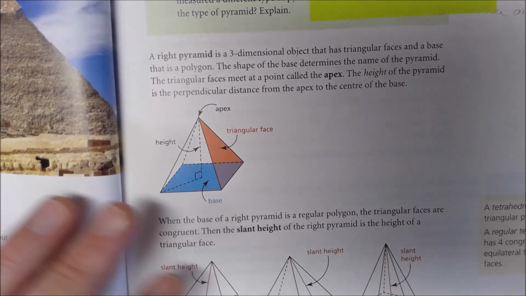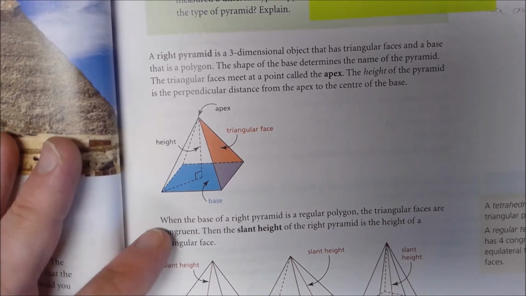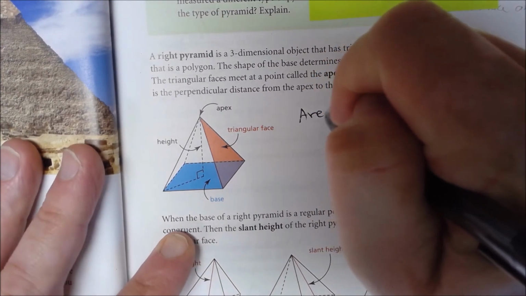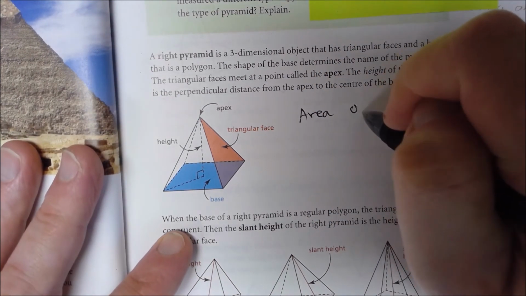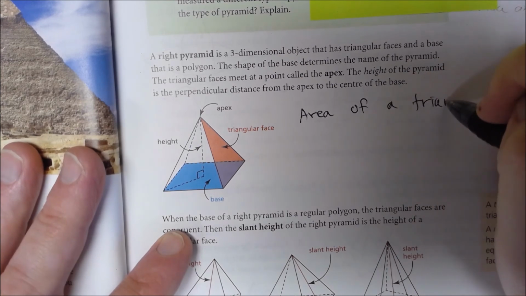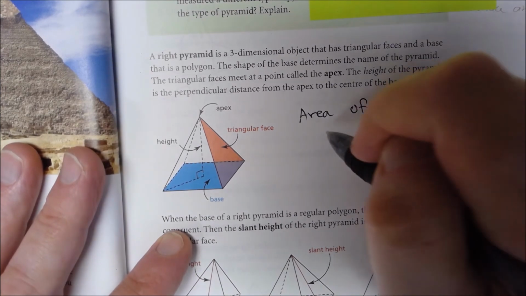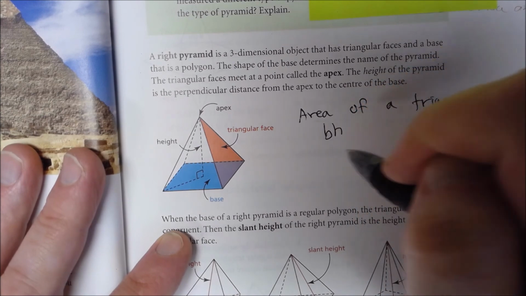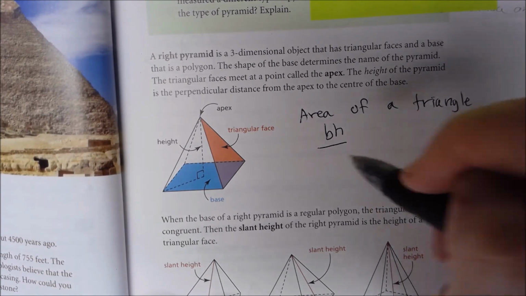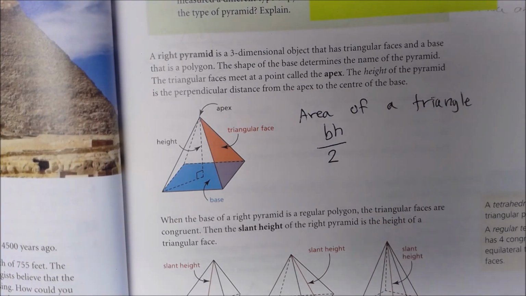So we have to recall the area of a triangle. Let's record that right here as a reminder. Area of a triangle: base times height, BH, divide by 2.